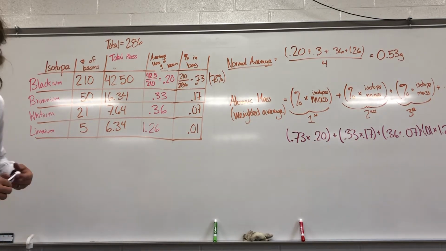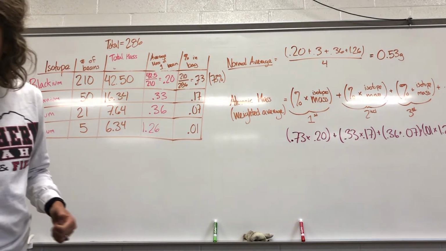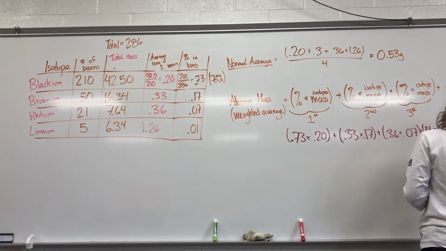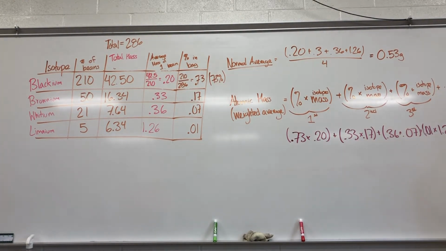Okay, so for me, I got 0.24. Now, in terms of this lab, our unit will be grams, because that's what we measured our beans in. But if you want to make a note in your notes, for an atom, the unit here is known as an AMU.